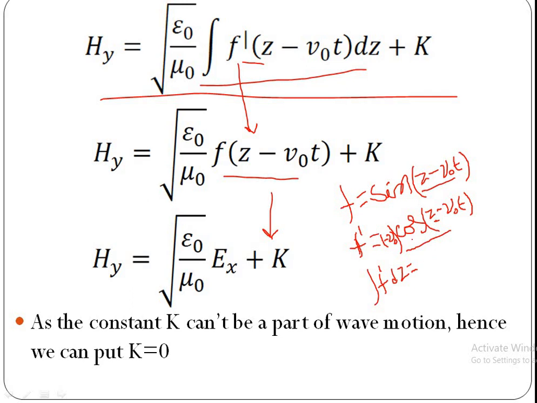So integration of cos is sine, so minus v naught into sine of z minus v naught into t.